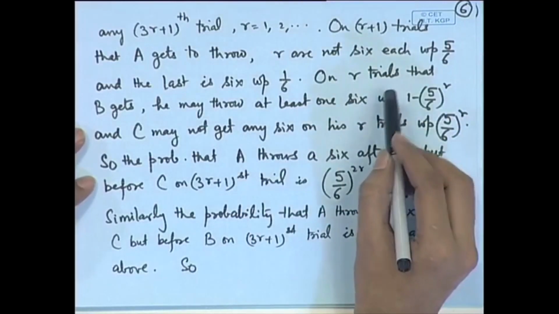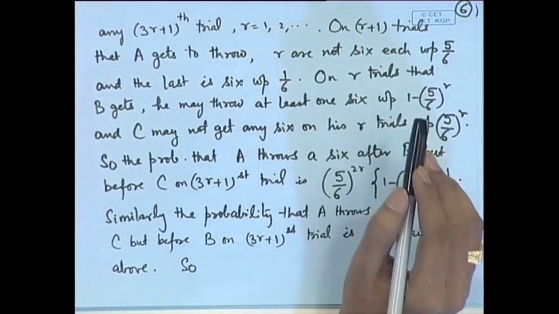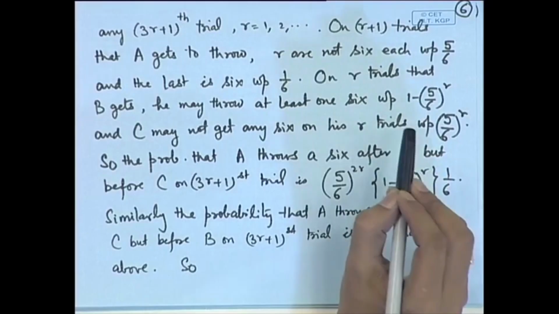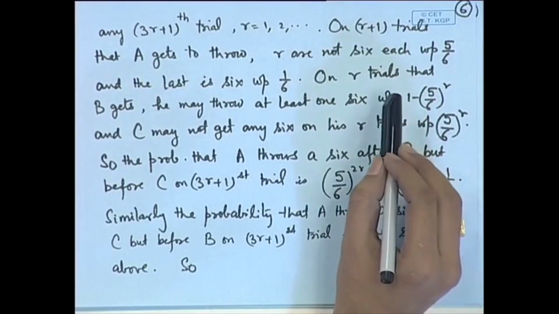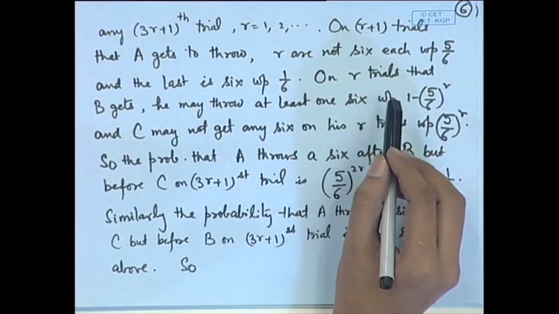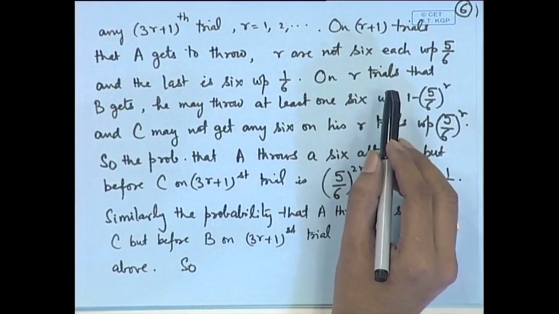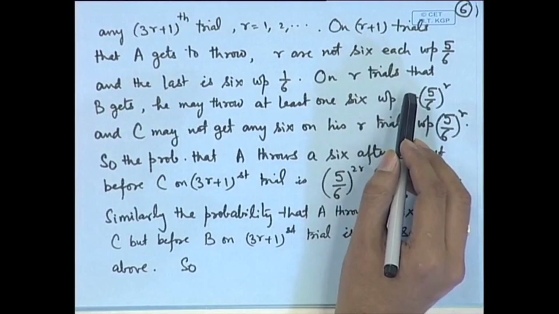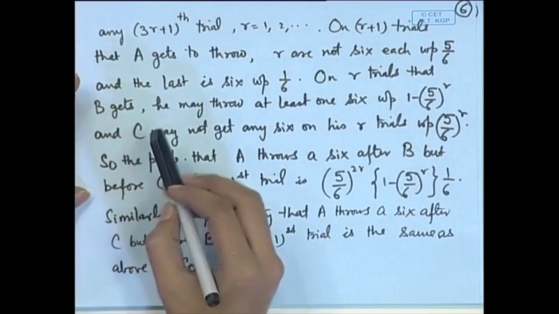Now, out of this total 3r plus 1 trials, player B and player C also get r trials to throw. Out of these, either B or C must get a 6, then only A will be the second player to throw a 6 for the first time. Let us consider the case that B gets a 6.